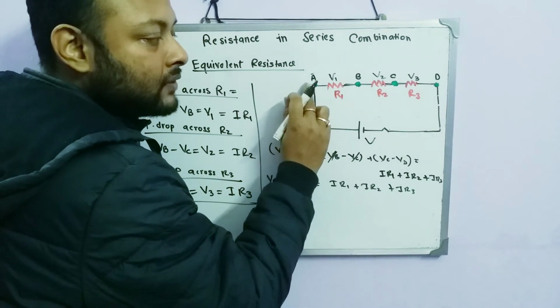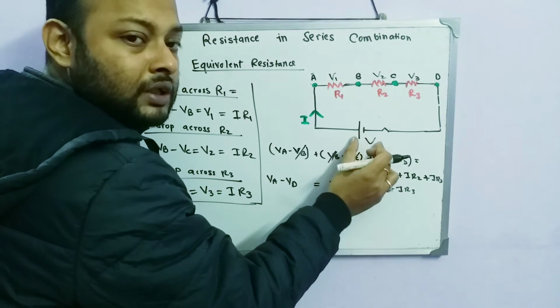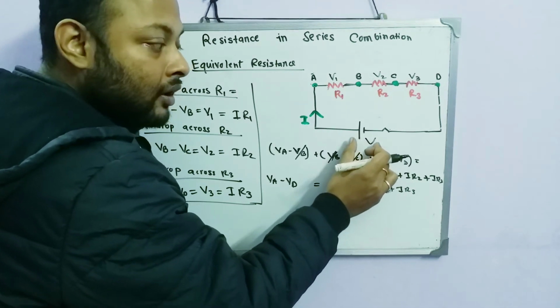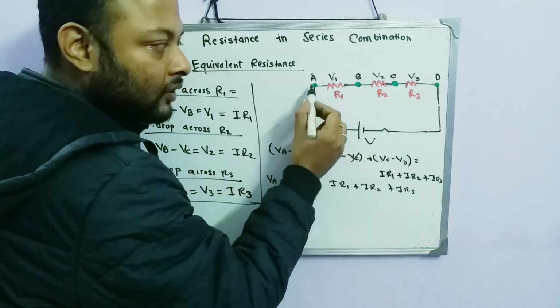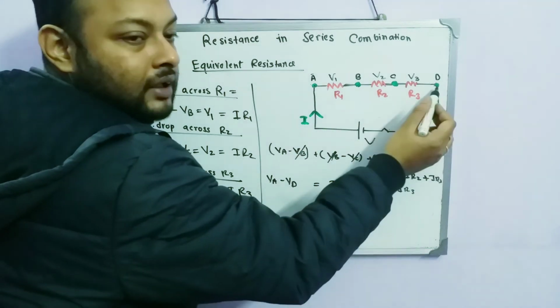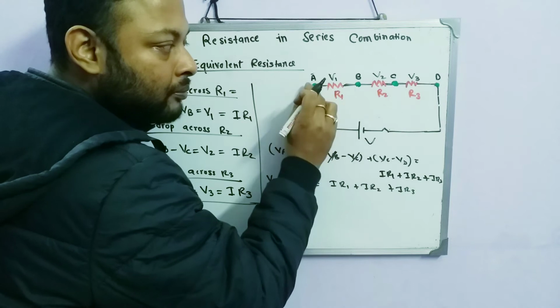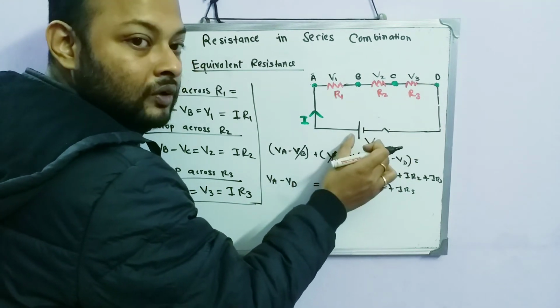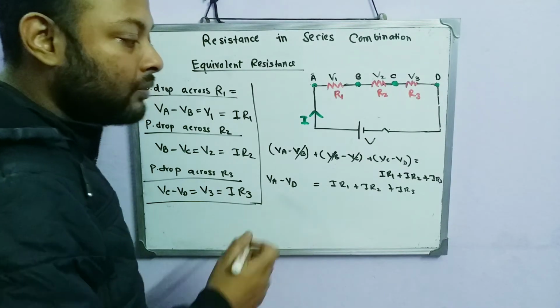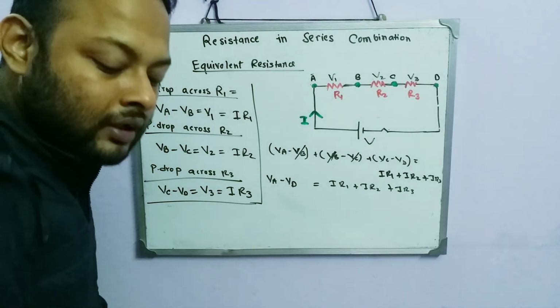The potential drop across A and D is equal to this potential only. Whatever voltage I am giving, you see the positive is connected across A and the negative is connected across D. So the potential drop between A and D, that is the net potential that I am giving, is equal to this V.